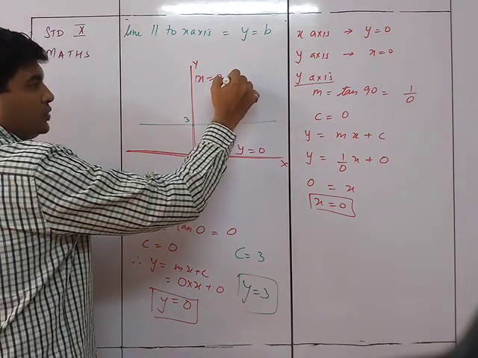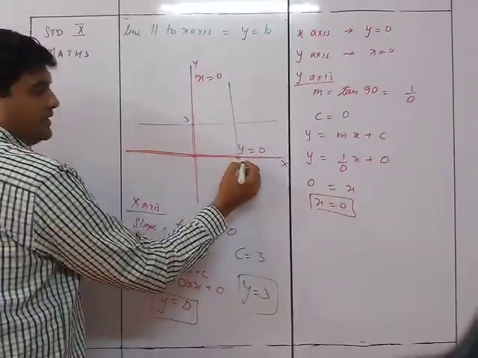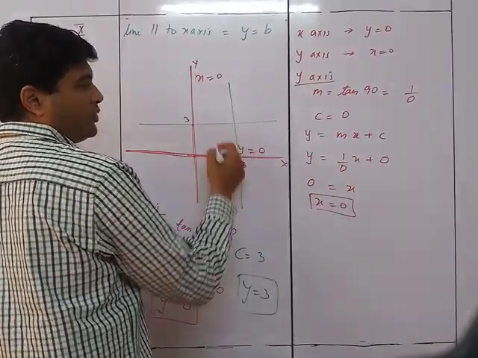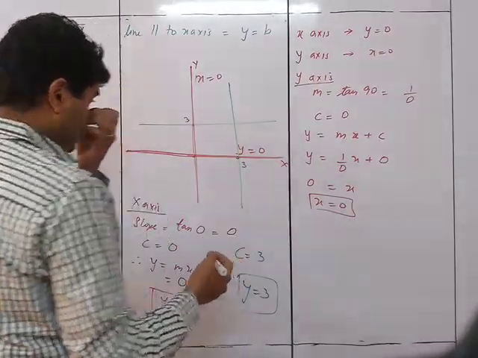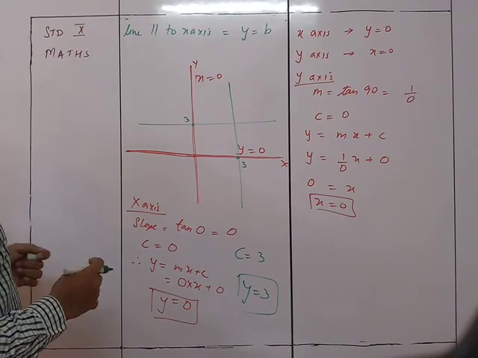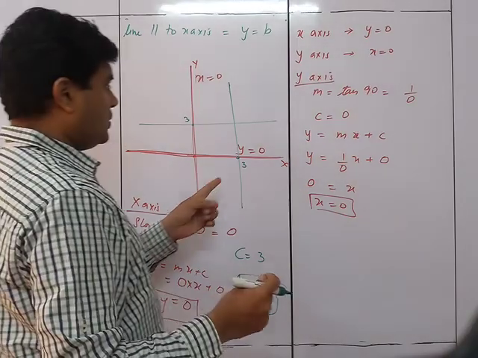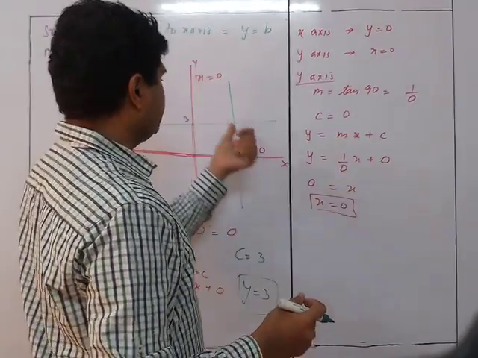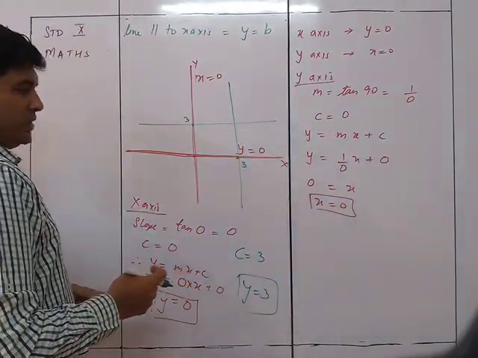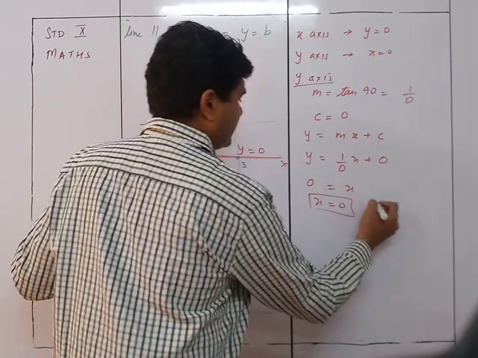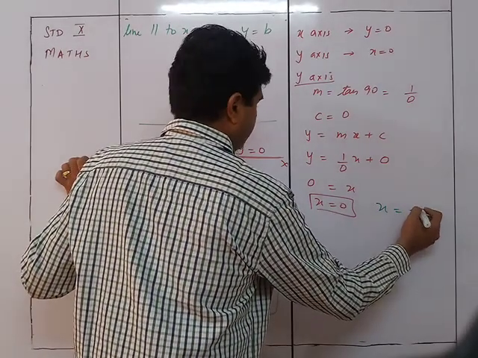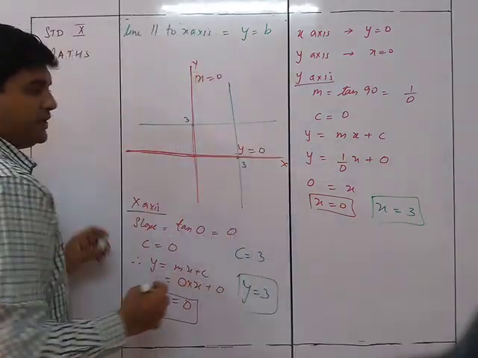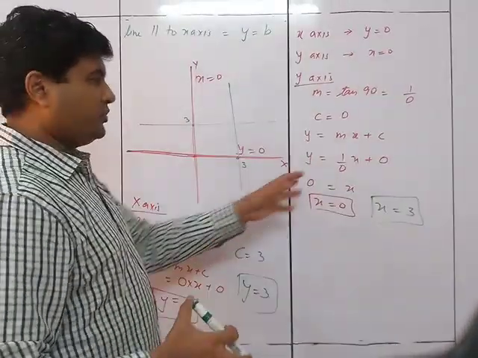Same way over here. Suppose the line is passing through this particular point, let's take this as 3. Now in this case we cannot find the y-intercept because it is not touching at all, so we'll have to put it as x is equal to 3 because it is passing through this particular point. We'll not confuse ourselves with this part.